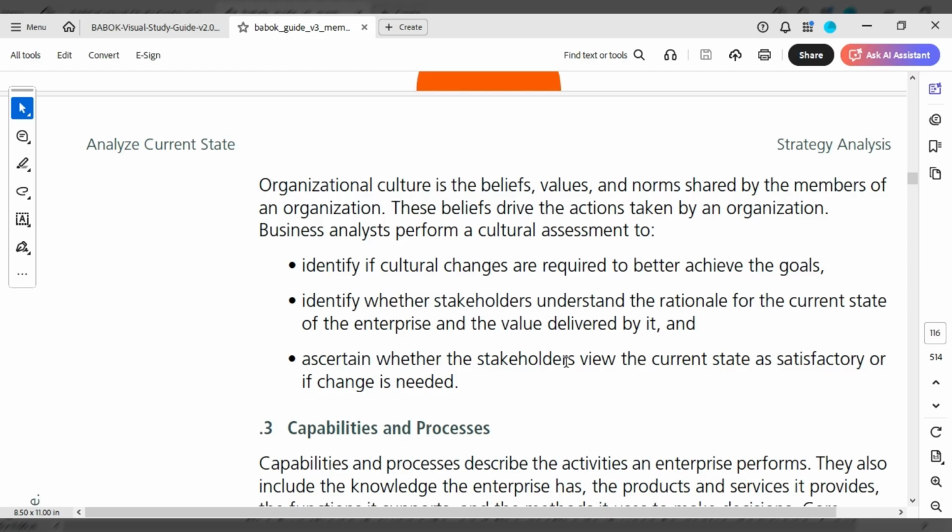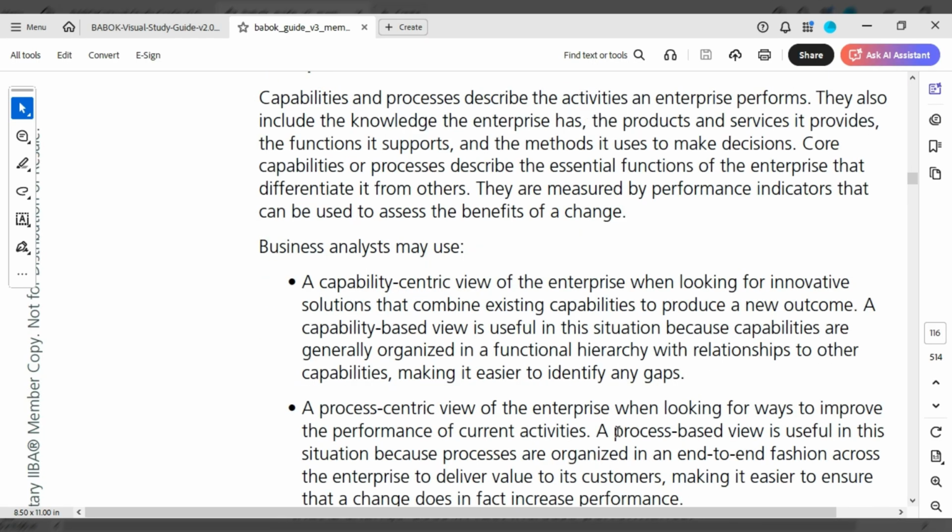So you start making some changes, knowing that the culture of the organization doesn't align with the new project. Identify whether stakeholders understand the rationale for the current state of the enterprise and the value delivered by it. This is mostly organizational change management, trying to make sure that they are aware of the issue and they want this change. Ascertain whether the stakeholders view the current state as satisfactory or if the change is needed.